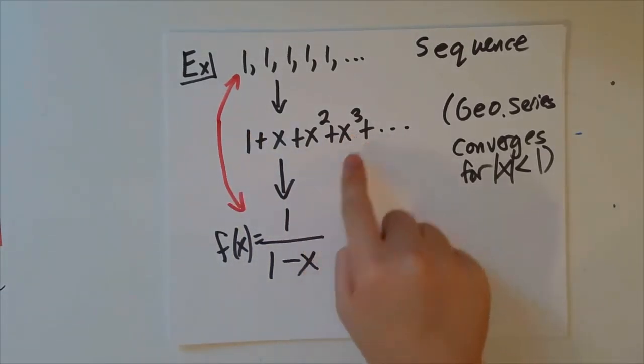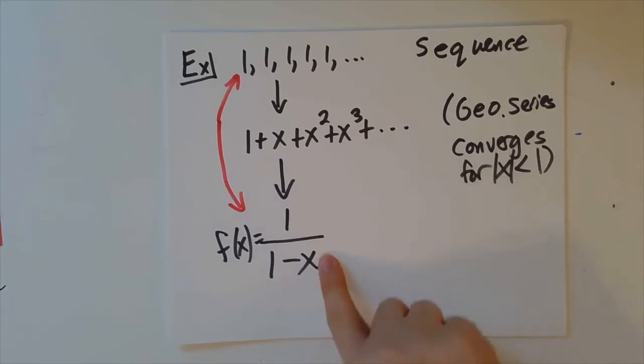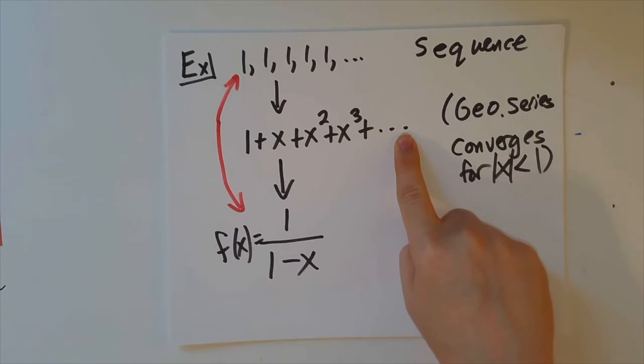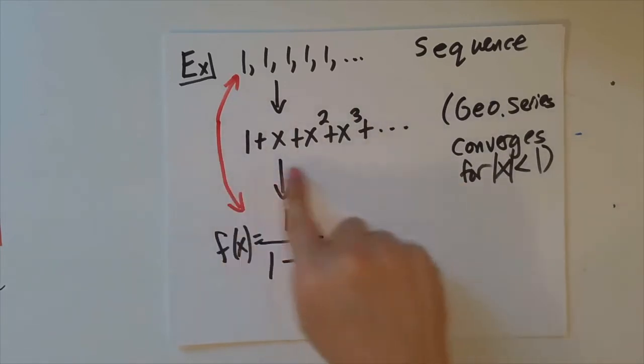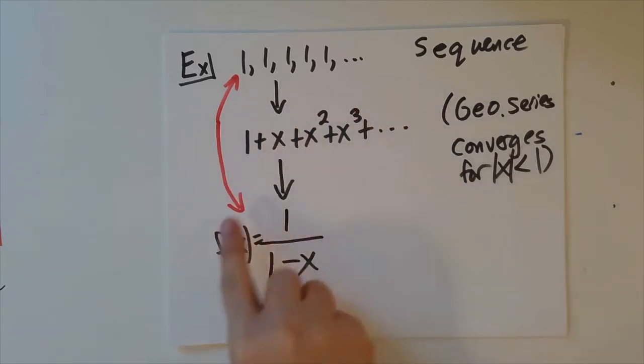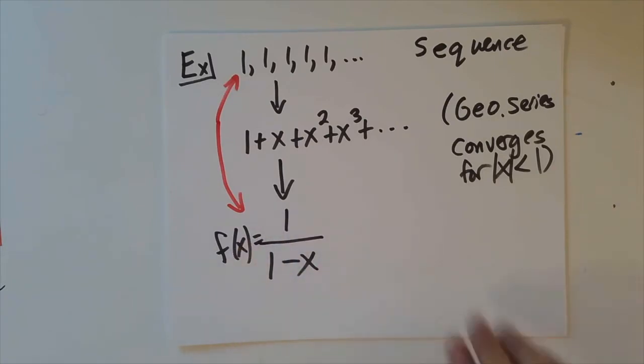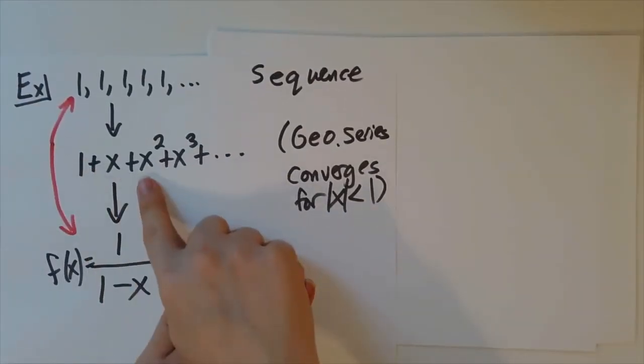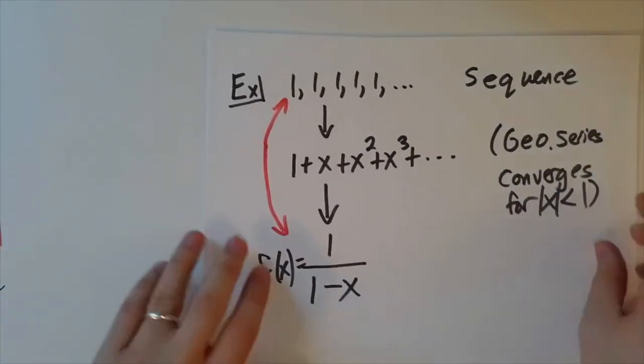And I know that that corresponds to this function. And so what that means is the derivative of this power series must correspond to the derivative of this function. And so what is the derivative of 1 plus x plus x squared plus x cubed plus blah, blah, blah? Well, we can figure that out.